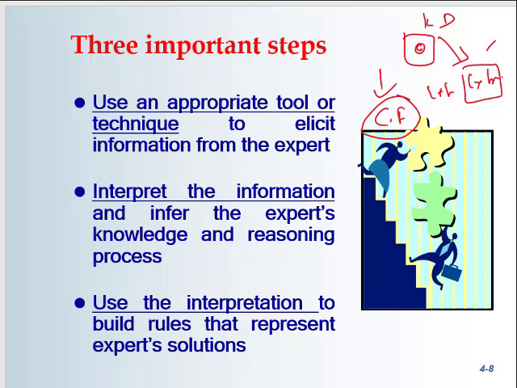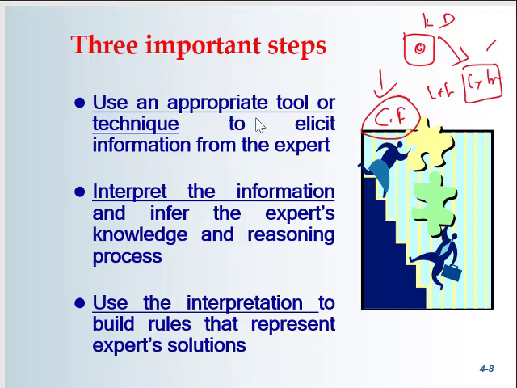So first, you have to use the proper tools and techniques to elicit. It's very simple, right? Then you need to interpret the information, inferring the expert's underlying knowledge and reasoning process. Then, using whatever you have interpreted, you build the rules that represent the expert's thought process or solutions.